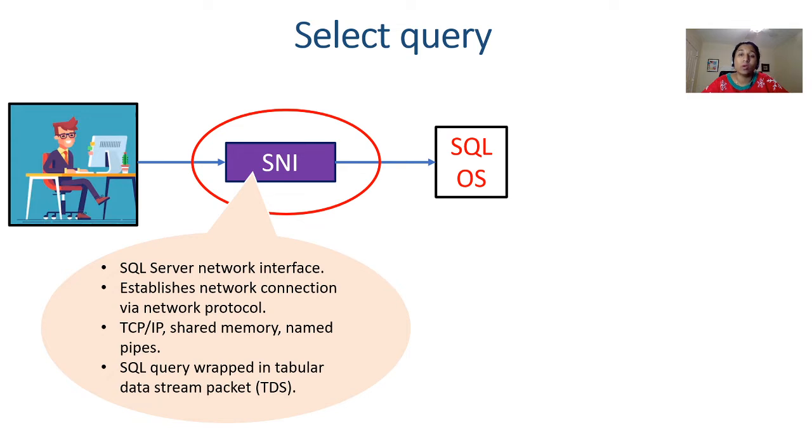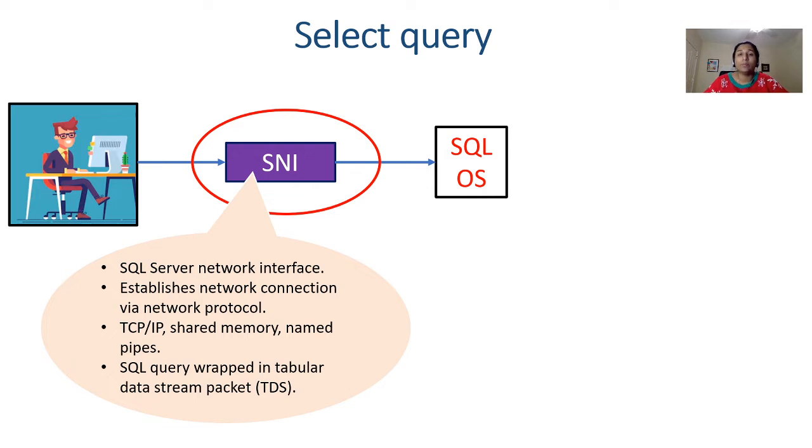So once a secure network connection has been established between the SQL operating system as well as the user, then the query that the user is sending to the SQL server is wrapped inside a tabular data stream packet, which is also known as a TDS packet. Now this particular TDS packet is given to the SQL operating system by the SNI.